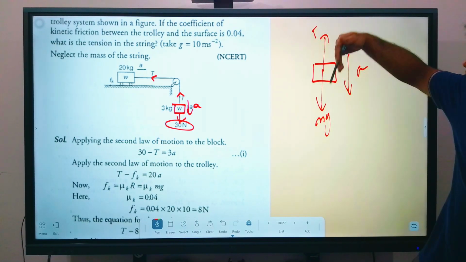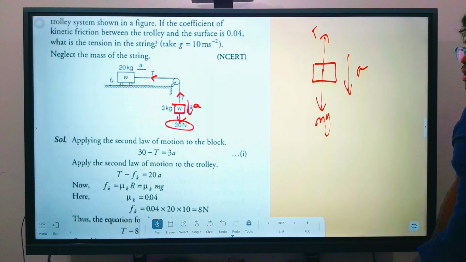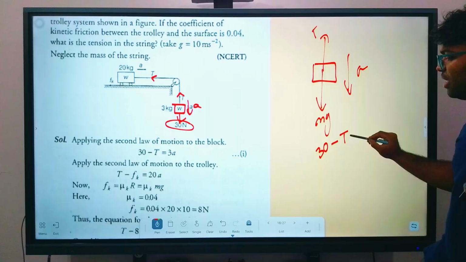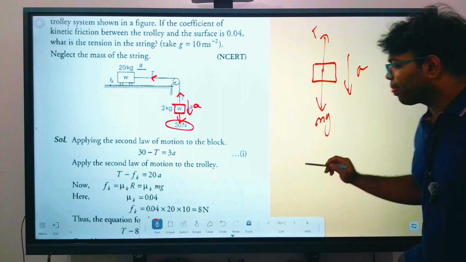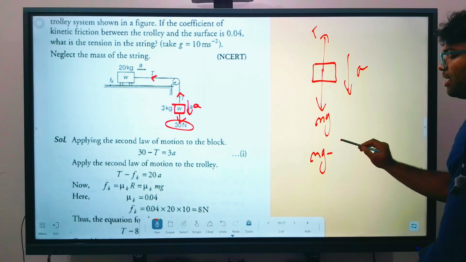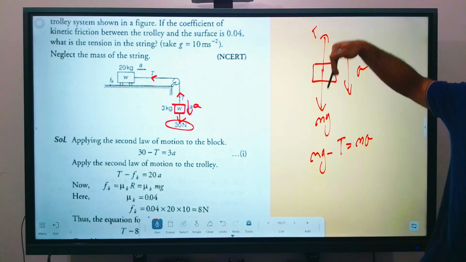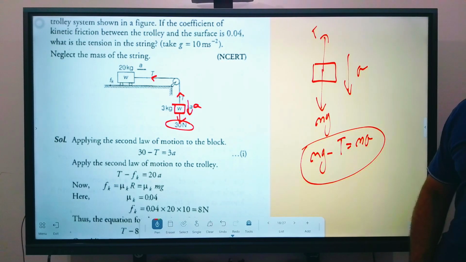We used to say down minus up is equal to ma. So can I write this as mg minus T is equal to ma, because the block is moving downwards, right? So can you write this formula, mg minus T is equal to ma?